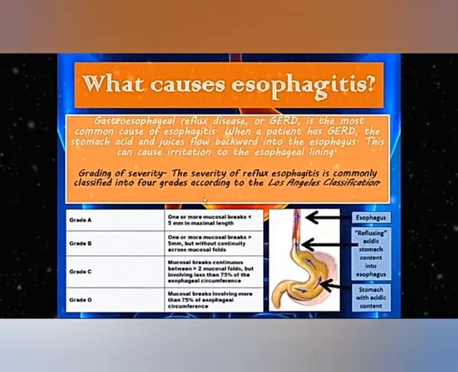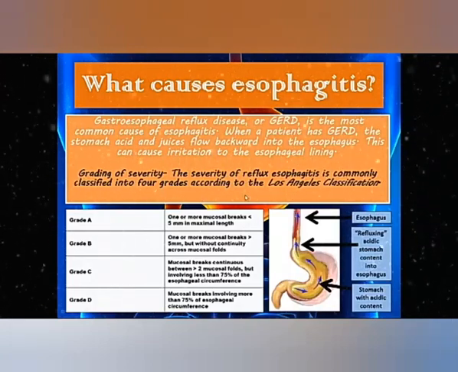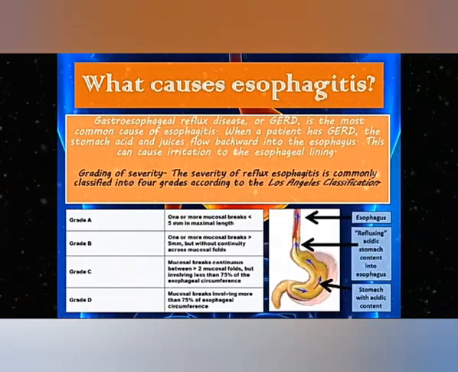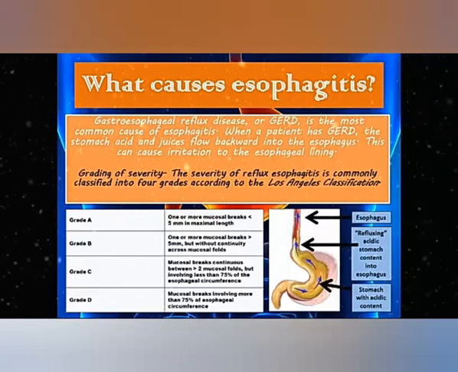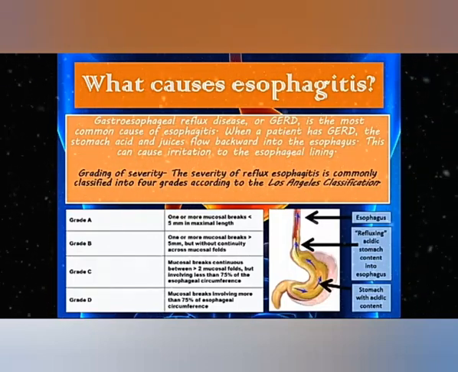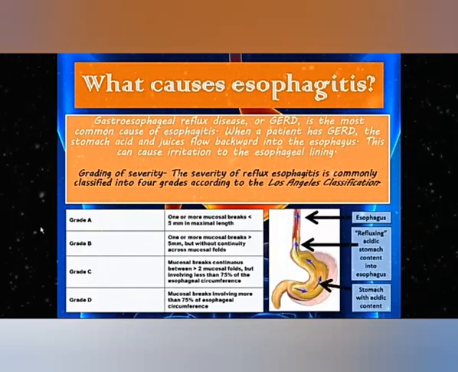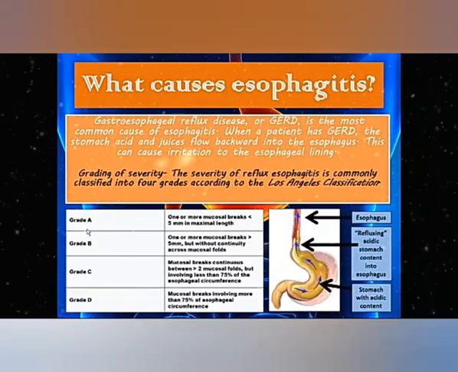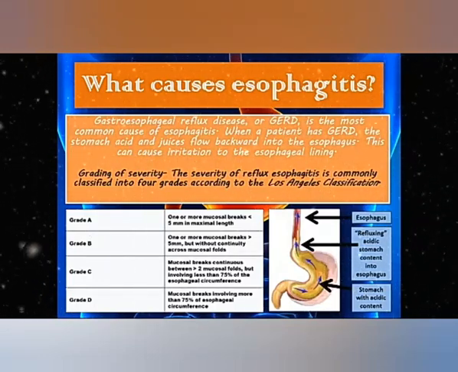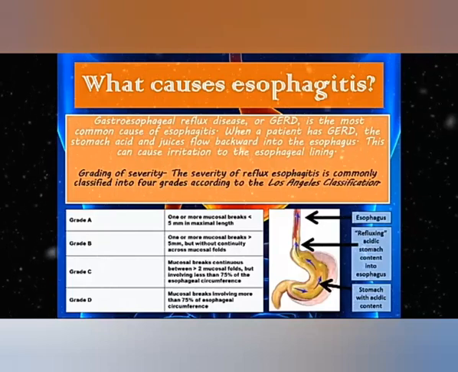There's a specific grading system which is used to grade the severity of reflux esophagitis, and this is the Los Angeles classification. In grade A we have one or more mucosal breaks less than 5 millimeters in maximum length.